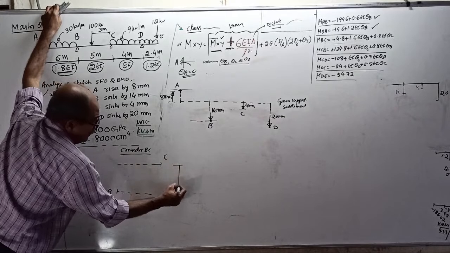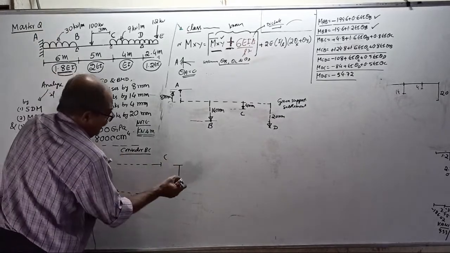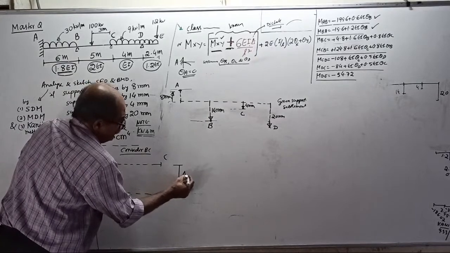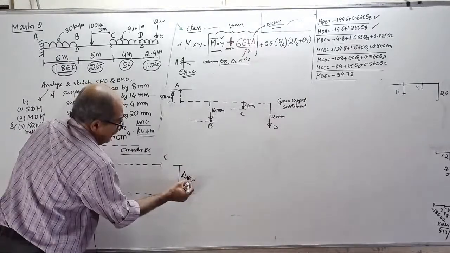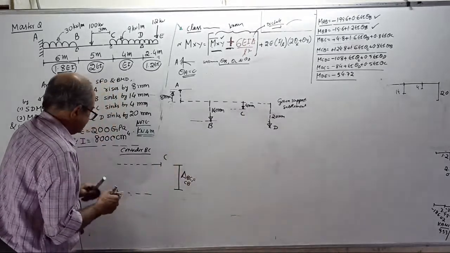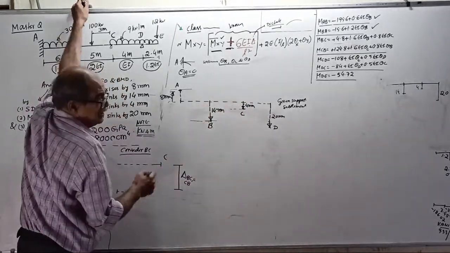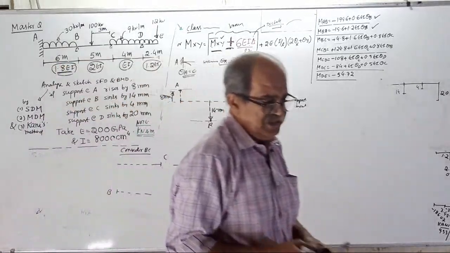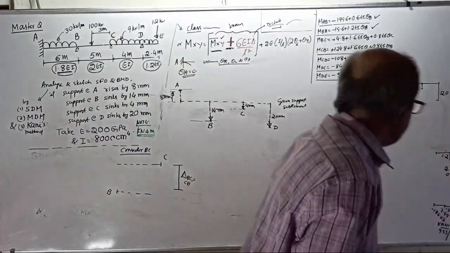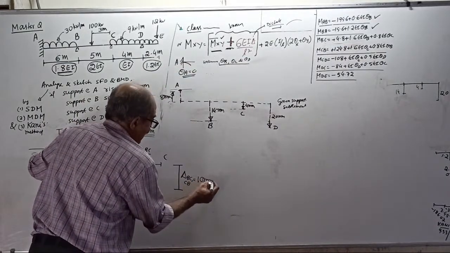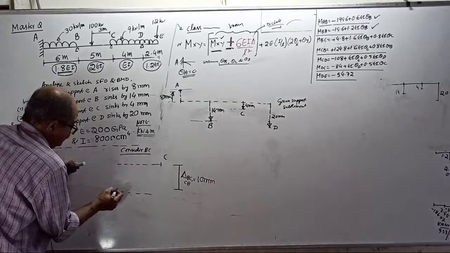Tell me, what is delta for BC or CB? Delta, first, see. This is 14 down, that is 4 down. Answer. Delta for BC or CB? 10 mm. Thank you. It is 10 mm. And the elastic curve will come this way.